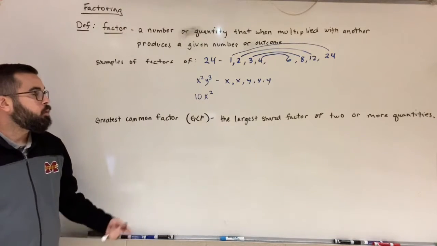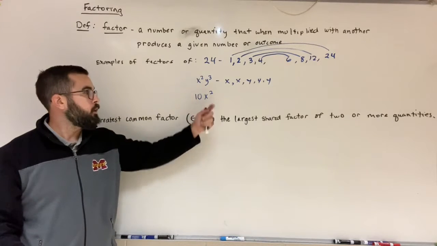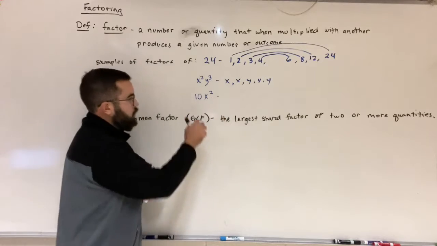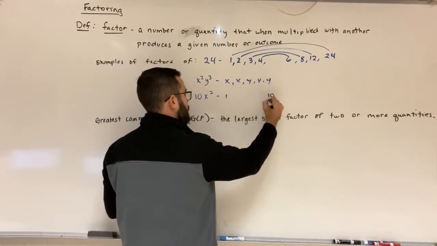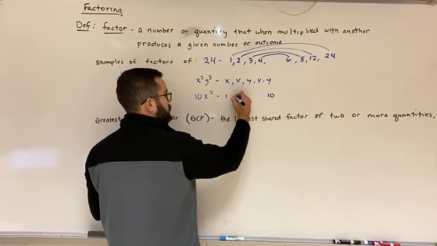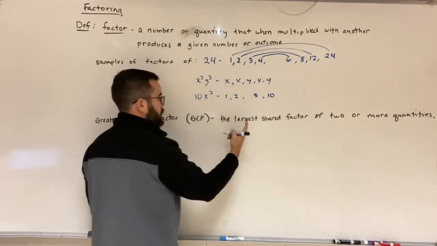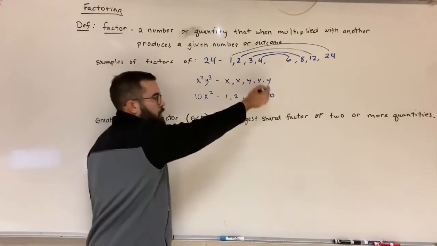Okay? What about when you have a number mixed with a variable, a letter? Well, you first start with the factors of 10. So the factors of 10 are 1 and 10, 2 and 5. 3 and 4 don't go into 10, so that's my complete list. And notice I didn't make the rainbow.